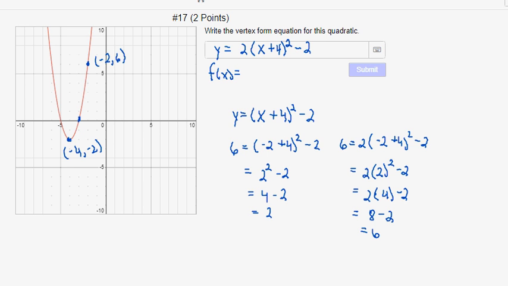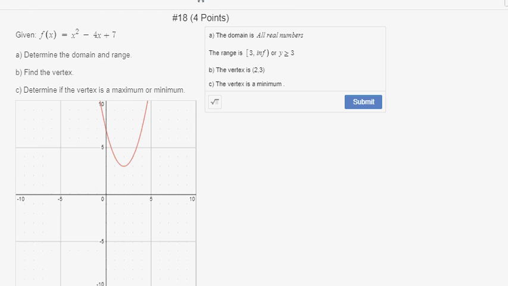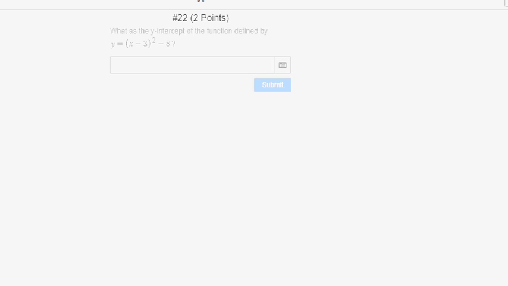Let me see one more here. Writing this one in standard form. A lot of people did not put y equals or f of x equals. But we've got negative, square this out. I'll show it. X plus 4 squared is x plus 4 times x plus 4.